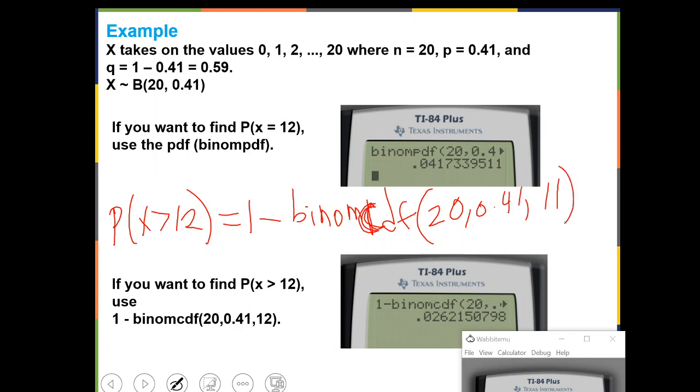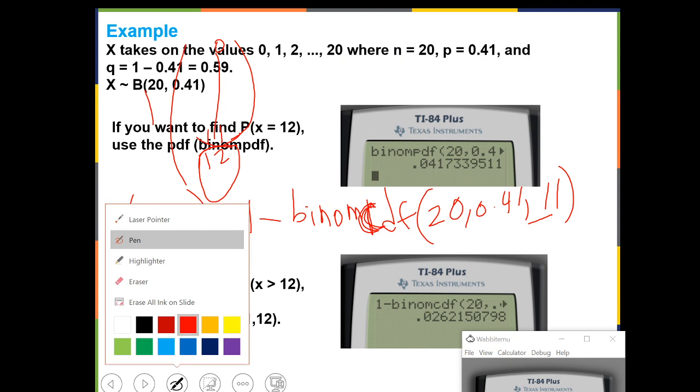Now, I don't put 12, because if I put 12, it counts 12 as well. So it's going to go to 12 and then go backwards from 12 to 1 to 0. But I don't want that. I want it to go from 11 to 0, because I want to count 12 on this side. So this whole thing is 1, and I want to take that much away from it. So I have to put an 11 here.